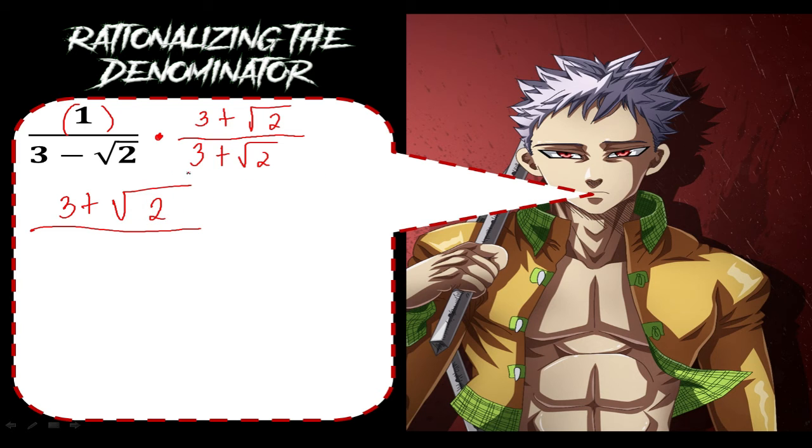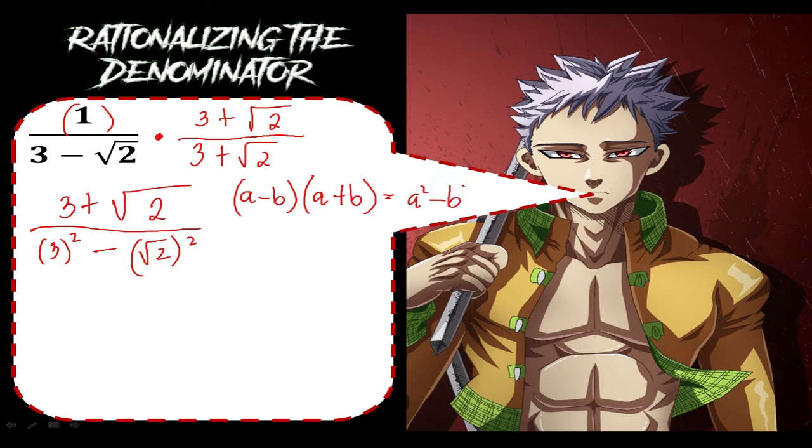Then, that is 3 square minus the square root of 2 square. Paano siya nagkaganon? Remember that the product of the sum and difference of two binomials is equal to the difference of squares. Remember that a minus b times a plus b is always equal to a square minus b square.